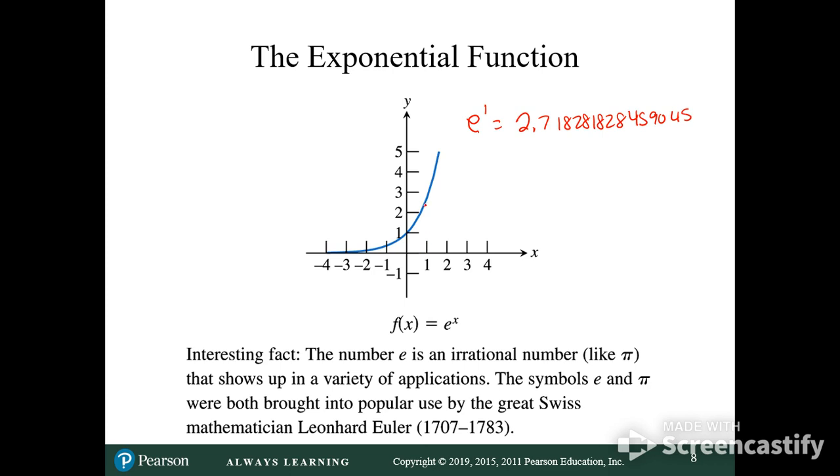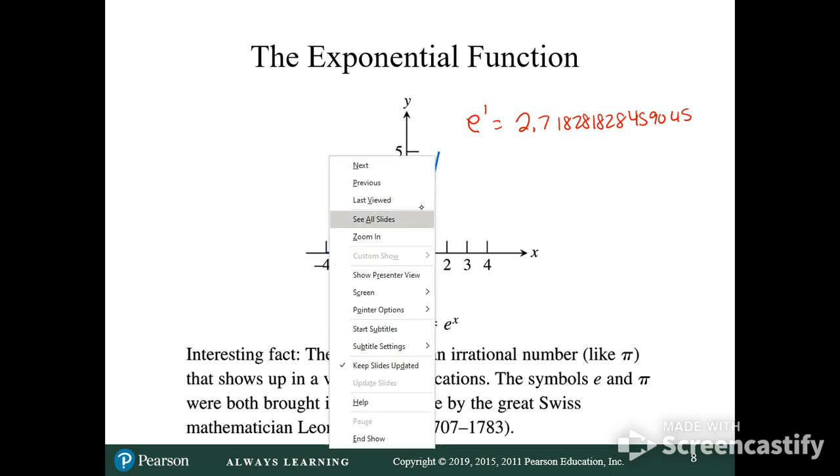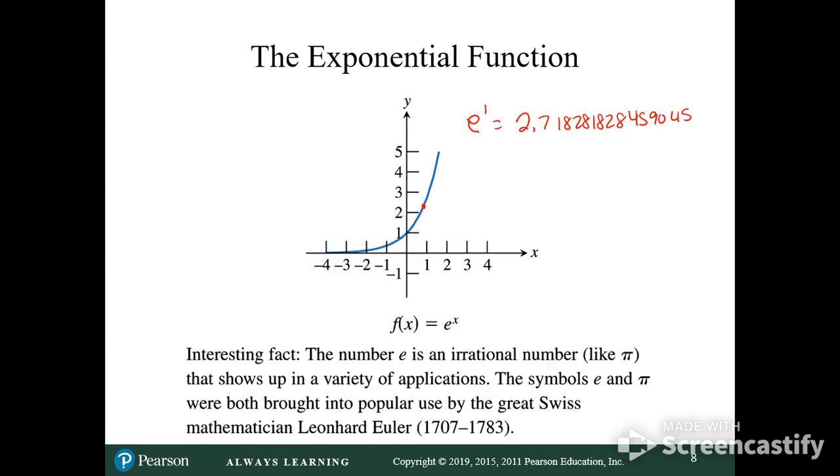So 1 is right there, a little higher than that. Right about there. 2.718281828459045. That's Euler's number.